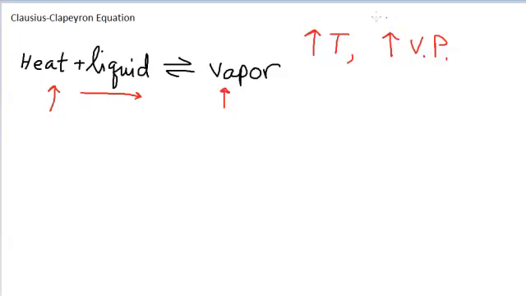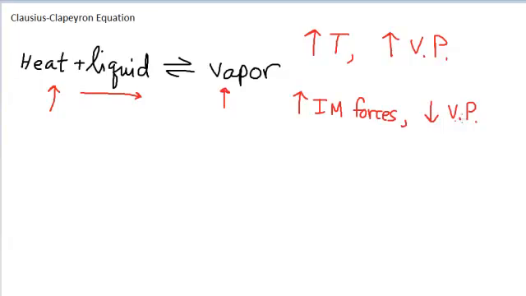All right. In terms of intermolecular forces, which is something that we've talked about in this module, if I have a liquid that has stronger intermolecular forces, those forces are going to tend to keep the particles very close together, and that gives rise to a lower vapor pressure of the substance.